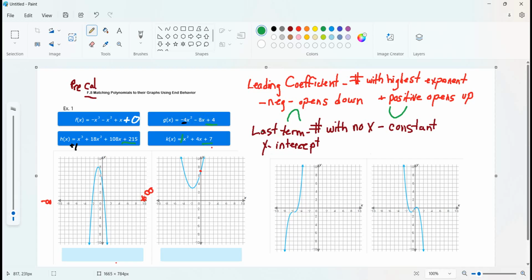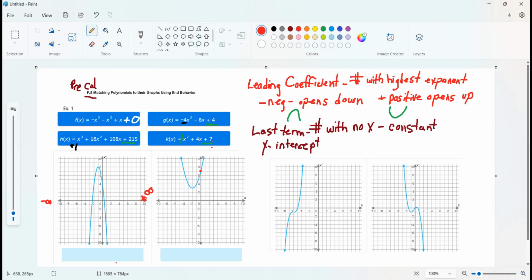But the cool thing about this last term, when the equations are in standard form, is it tells us where the graph will cross the y-axis. So that's just another clue. This graph right there, we can see that it's positive, it's opening up, and it's crossing the y-axis at +7.